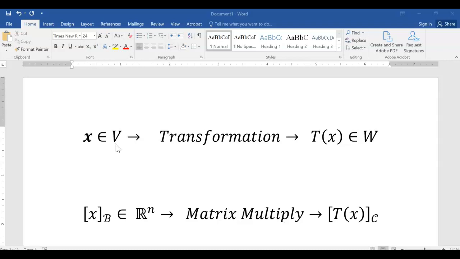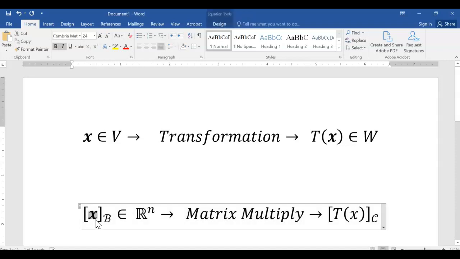Now, this x can be from any vector space V, and our image can be from inside any other vector space W. We hopefully feel most comfortable dealing in Rn. So what we do is transform this x from a vector space V into the coordinate vector for x relative to some basis B. That way we're inside of Rn.